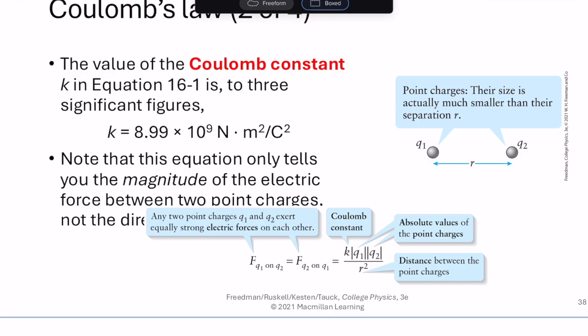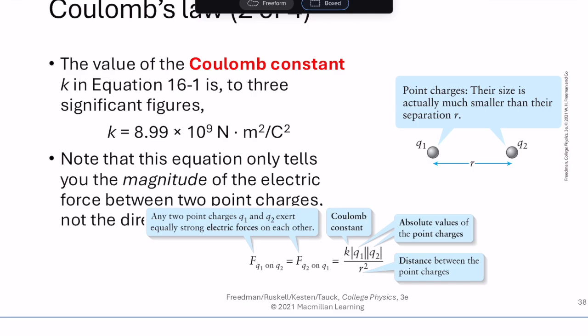So Coulomb's law describes that proportionality with the charges and inverse proportionality with the distance between the charges. And there's a proportionality constant in order to turn the units of charge times charge over distance squared into a force.